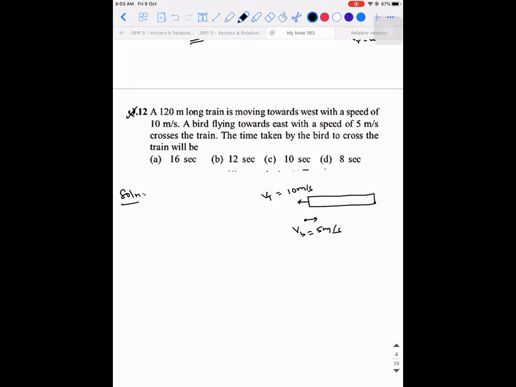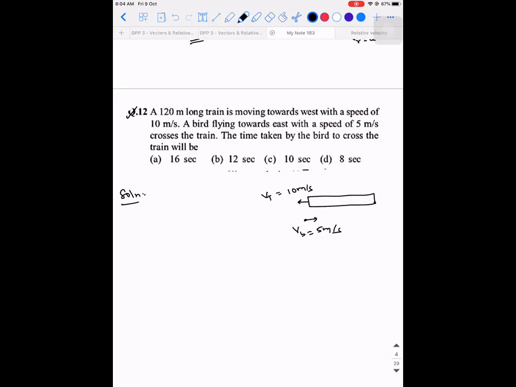Then, if I ask you to calculate how much time the bird takes to cross this train, how will you proceed? Sir, it will be equal to the distance of the train divided by the velocity of the bird. Because it is like a person running on a 120-meter track, right?